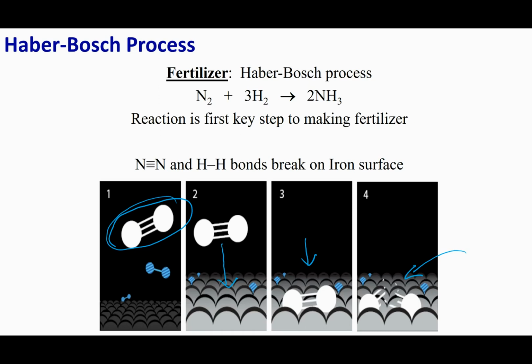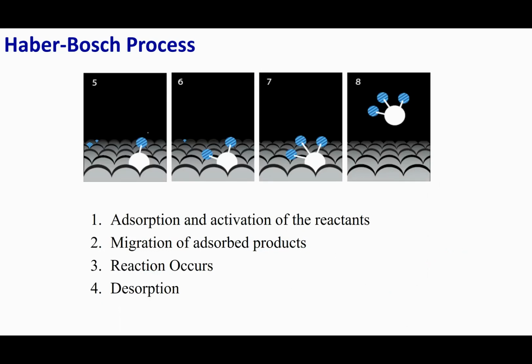Now, once it breaks those bonds, our hydrogen is going to come over and start reacting. And I'm going to put 1, 2, and then 3 hydrogens on there. And once I've got my 3 hydrogens on there, it no longer wants to stick to the iron. And so my ammonia is going to desorb from the surface.